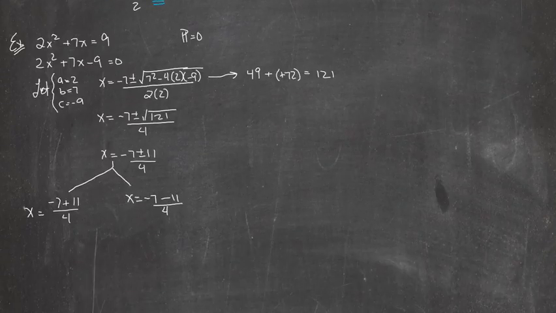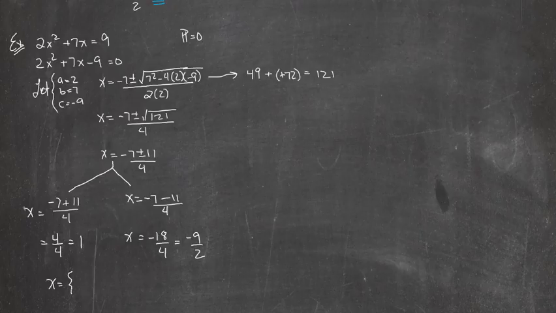So negative 7 plus 11 is 4 over 4, which equals 1. And negative 7 minus 11 is negative 18 over 4, which can reduce to negative 9 halves. So my two answers are the set 1 and negative 9 halves.